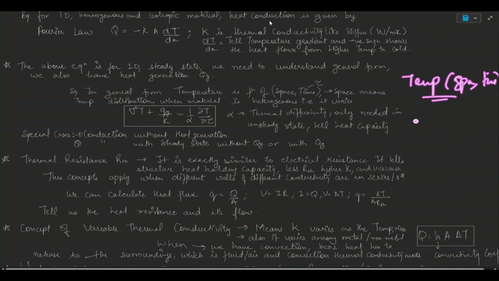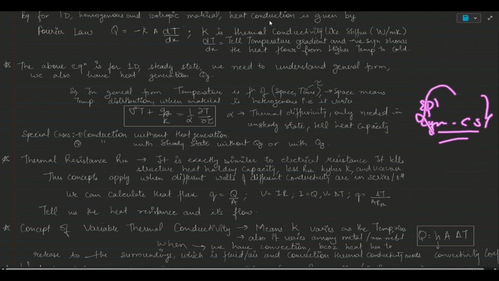When I say space, it can be a Cartesian or rectangular coordinate system, where we simply say x, y, z. We also have spherical and cylindrical coordinate systems. These two are much more complicated, but depending on how your geometry is defined, they might be really useful.